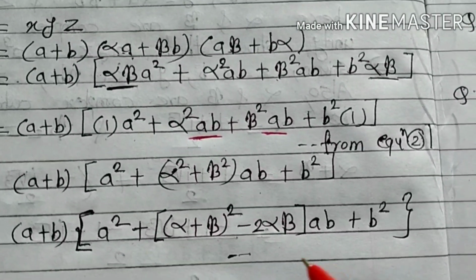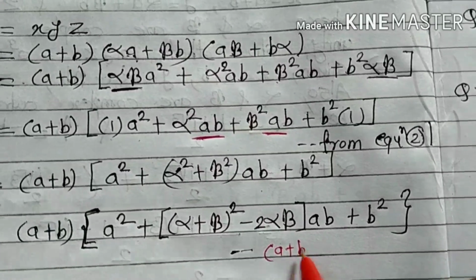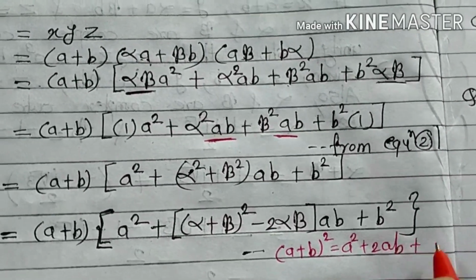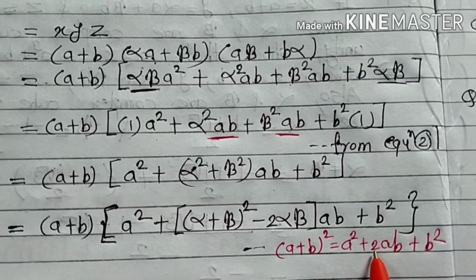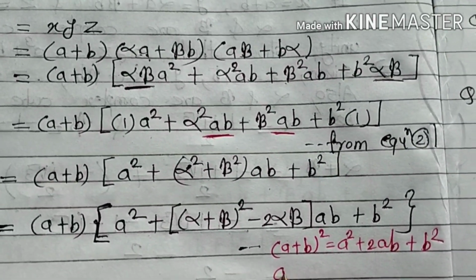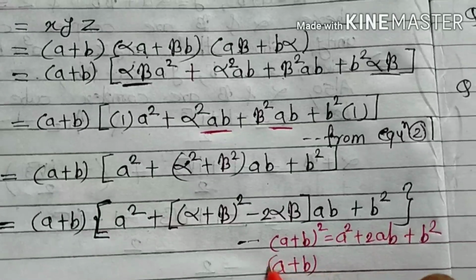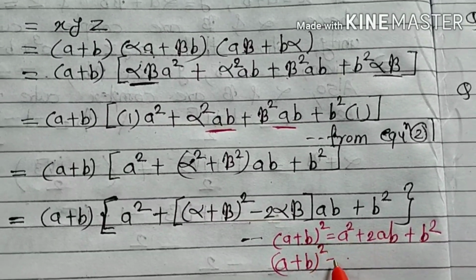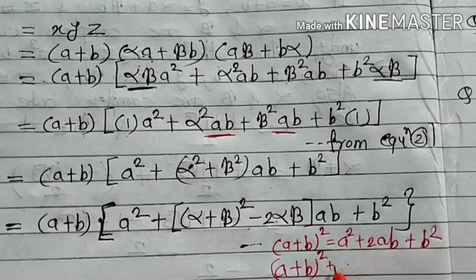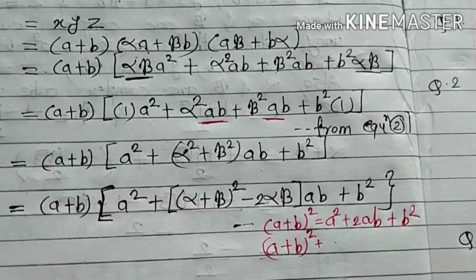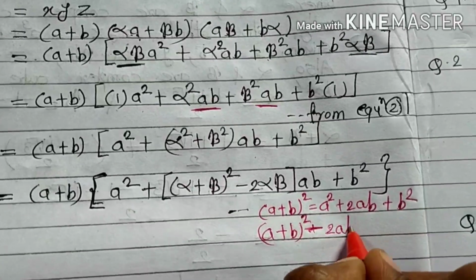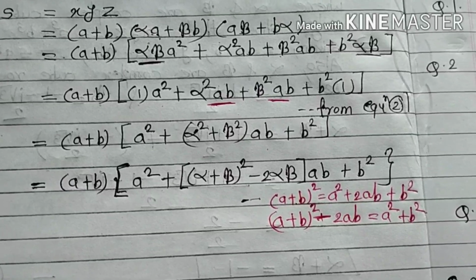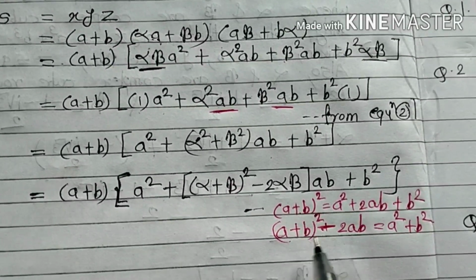What is the formula? a plus b whole square is equal to a square plus 2ab plus b square, but we want only a square plus b square, so a plus b whole square minus 2ab is equal to a square plus b square. So this is the formula, here with alpha beta.